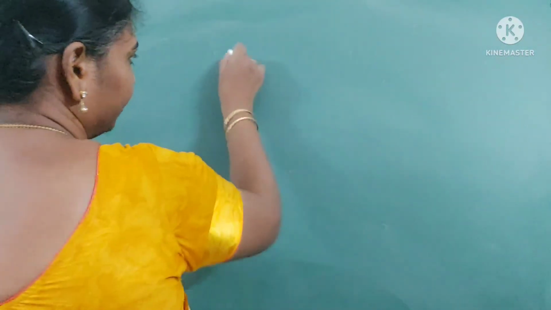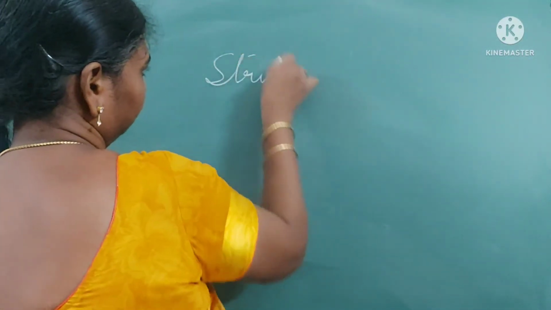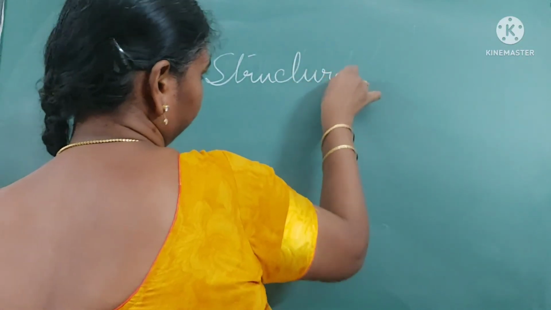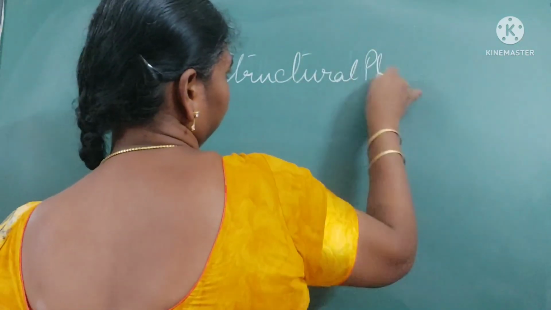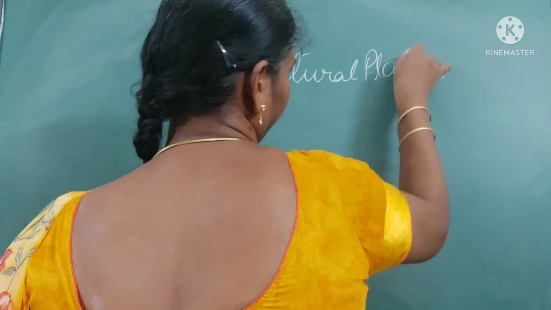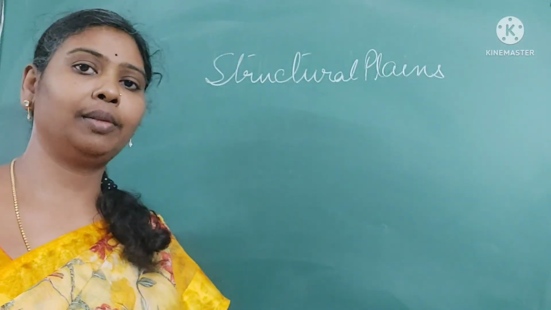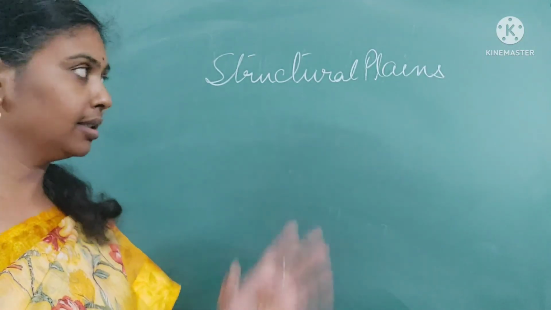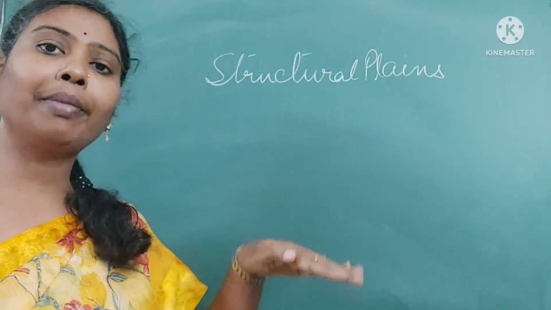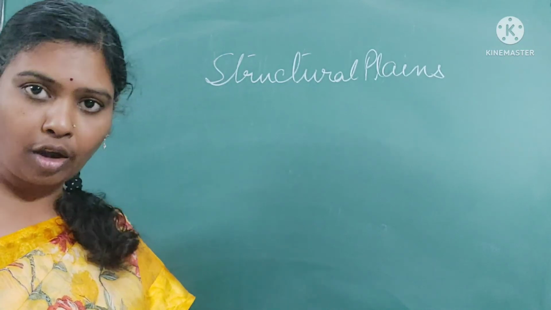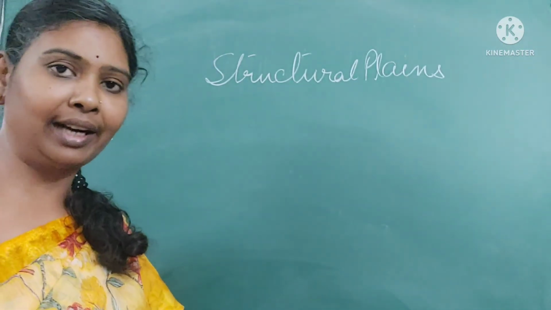The first one is structural plains. Most of these structural plains are formed by subsidence of land or upliftment of land.